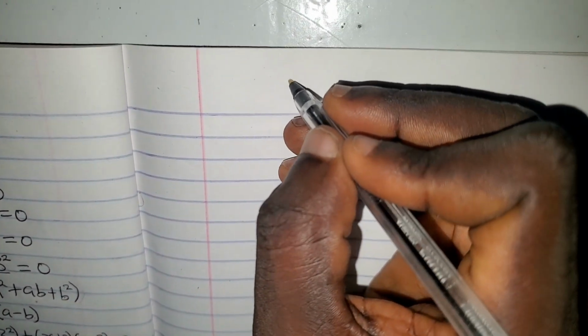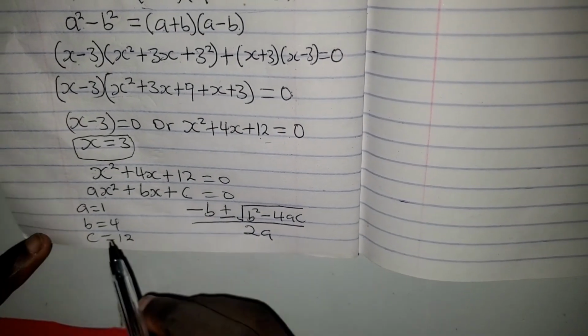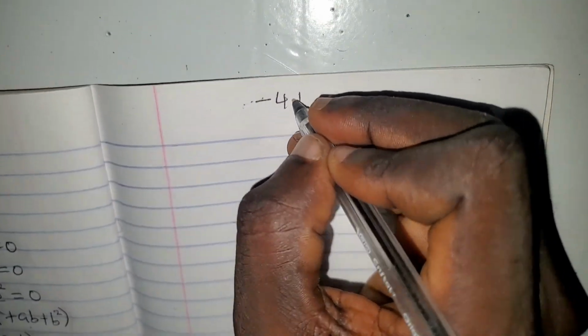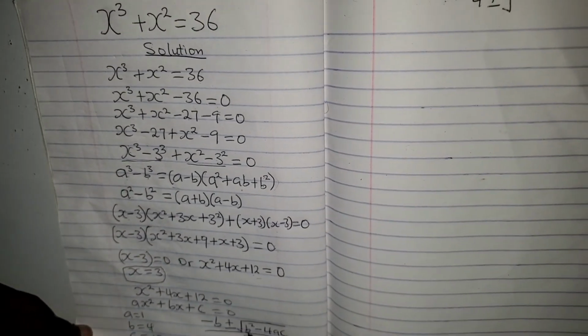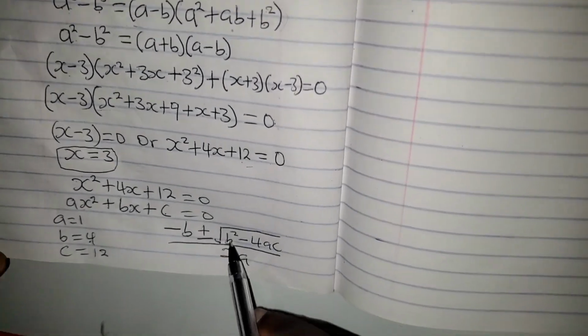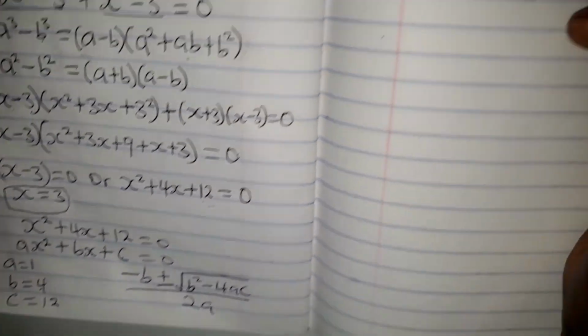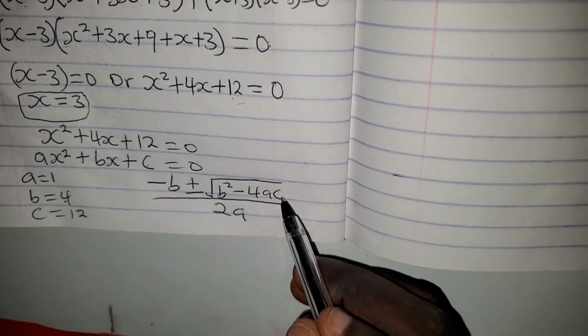So I will substitute all this into this formula. Instead of writing b, I will write 4. I will have minus 4 plus or minus the root of b squared, and my b is equal to 4, so I will write it as 4 squared, minus 4ac.